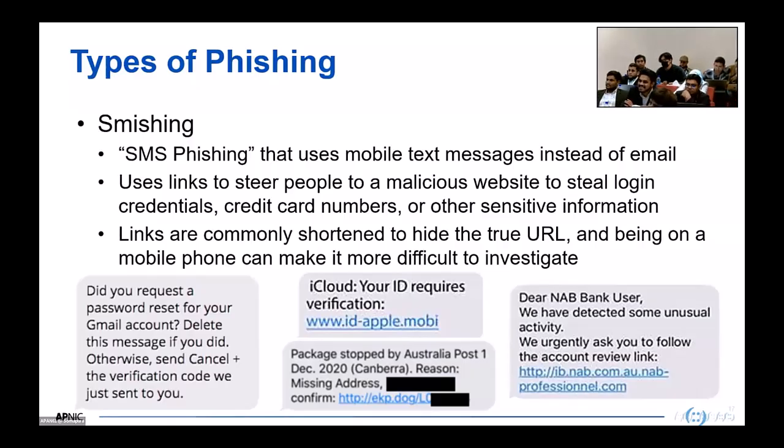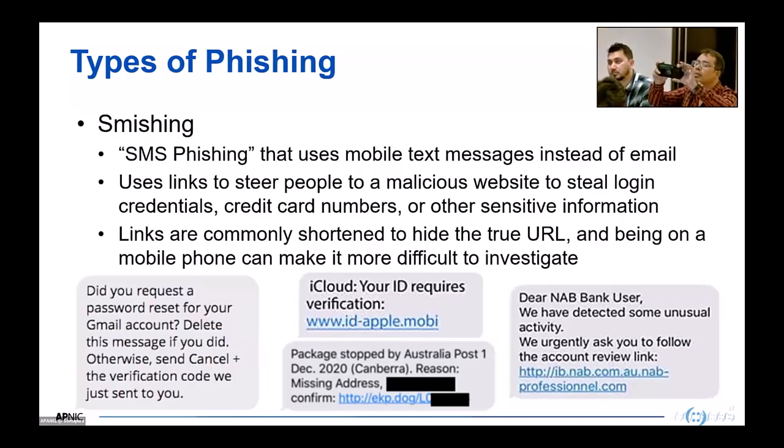This is one where they did use a domain name that tried to look more real. Here you have http ib.nab.com.au.nab-professional.com. So if you only read the beginning up to here, that is the actual banking website for the National Australia Bank, NAB. IB is Internet Banking, NAB, National Australia Bank.